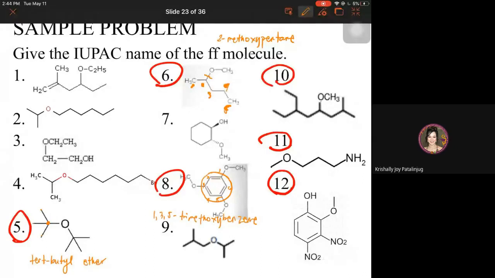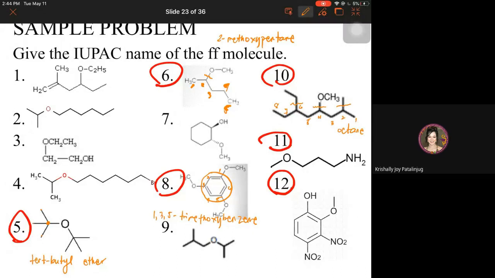Okay, number 10. So, the parent chain is started today. Carbon 1, 2, 3, 4, 5, 6, 7, 8. Or pwede ra pasaka. 8 ra gihapon ang pinaka-longest chain, and that is octane. Longest chain is octane. Alkane naman na siya. Ang alkane na siya substituent sa carbon 4, carbon 6, carbon 2.